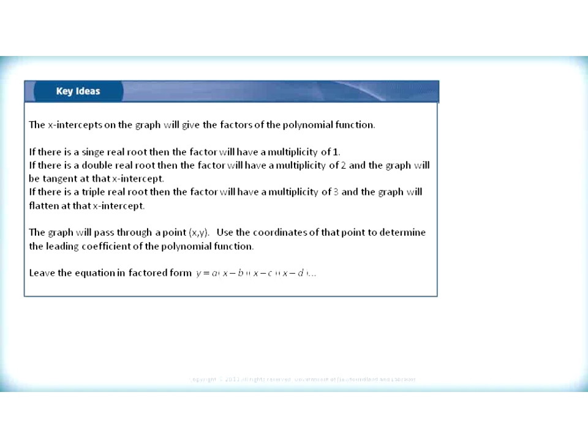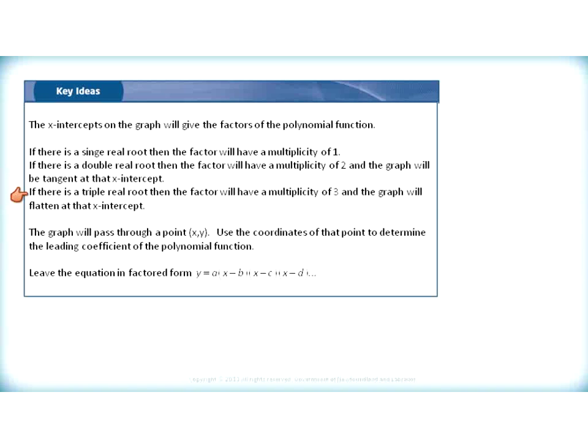The summary of key ideas for this section is that the x-intercepts on the graph will give the factors of the polynomial function. If there is a single real root, then the factor will have a multiplicity of 1. If there is a double root, then the factor will have a multiplicity of 2, and the graph will be tangent at that x-intercept.